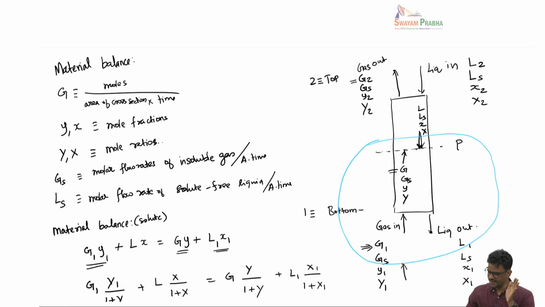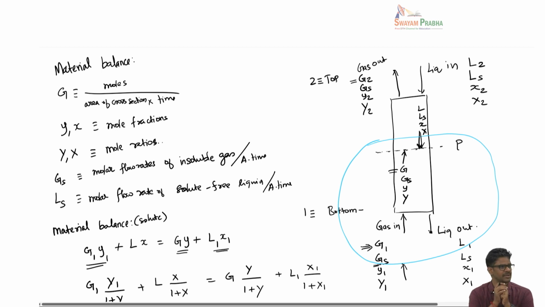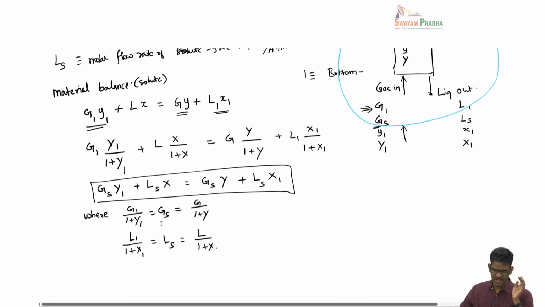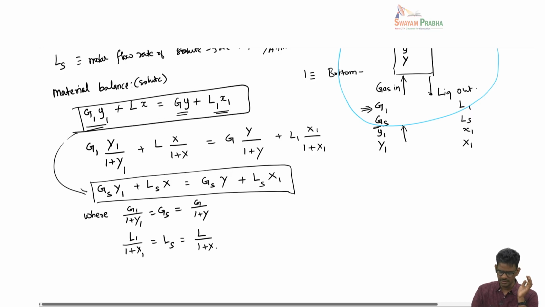That is why we define this insoluble gas flow rate Gs, so that we can put all the bases with respect to the constant molar flow rate. Similarly for the liquid, we are assuming the liquid is not evaporating into the gas phase, so the liquid flow rate will be constant. That is why we change the total molar flow rate based mass balance into a solute free molar flow rate basis.